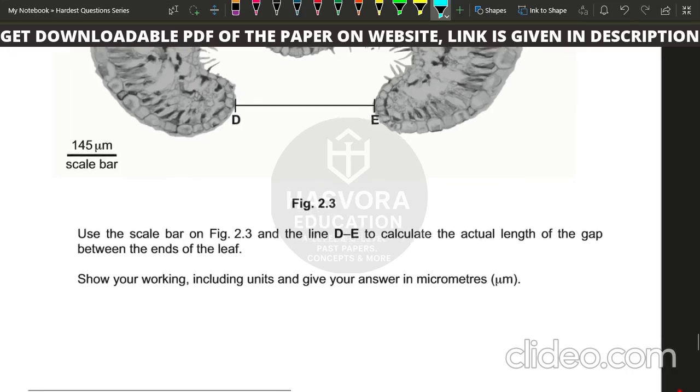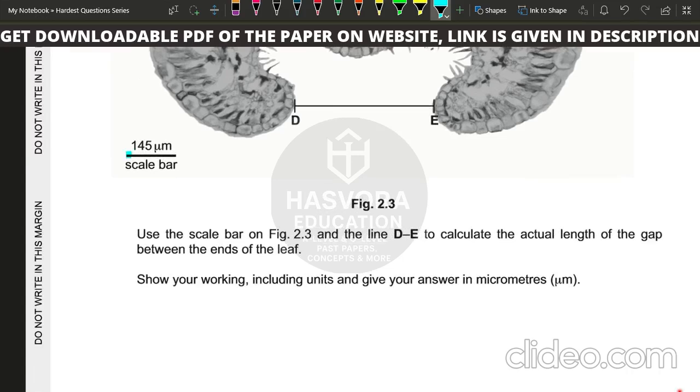Now what is the scale bar for? The scale bar tells you that this length is 145 micrometer. So this is the actual length, but of what? This is the actual length of this line, and this scale bar is used to find the magnification.